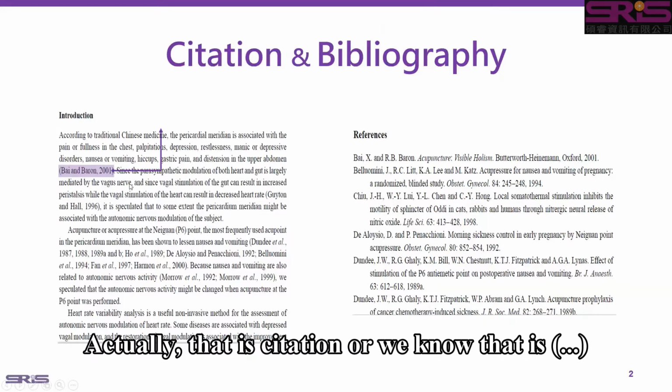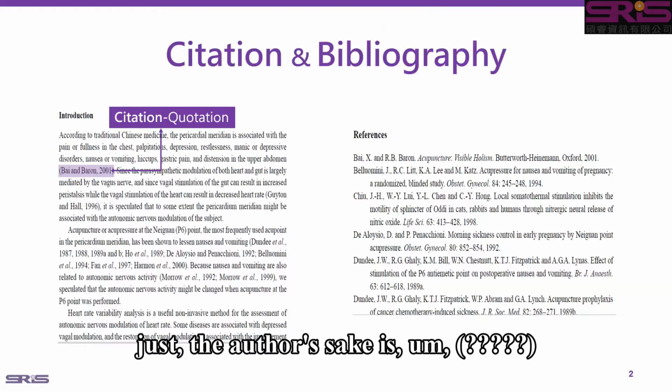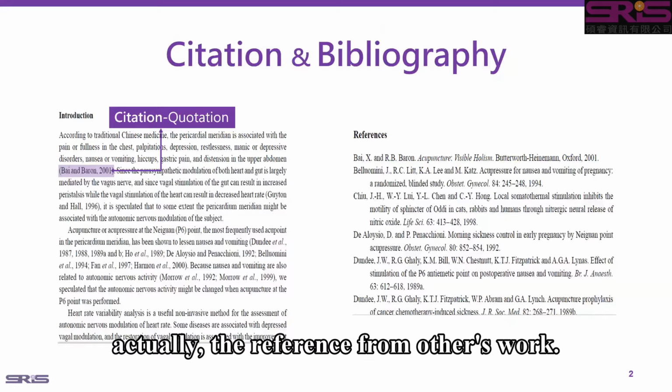Actually, that is a citation, or we know that as a quotation. That means the sentence is not just what the author said, it is actually a reference from others' work.